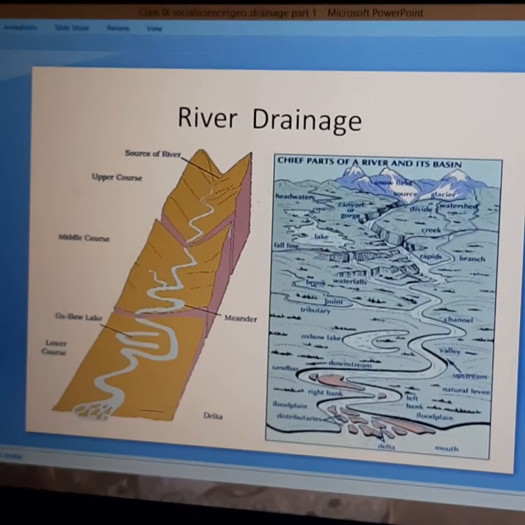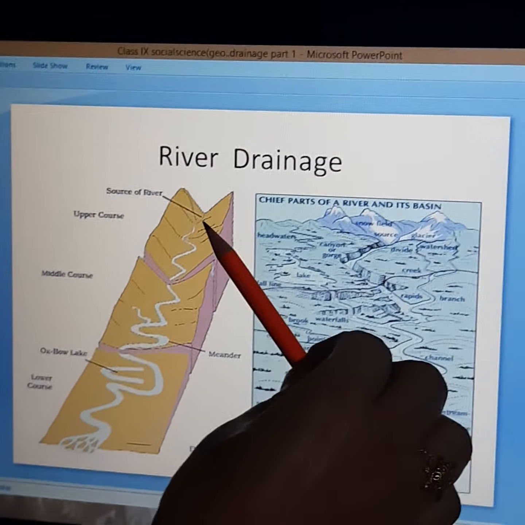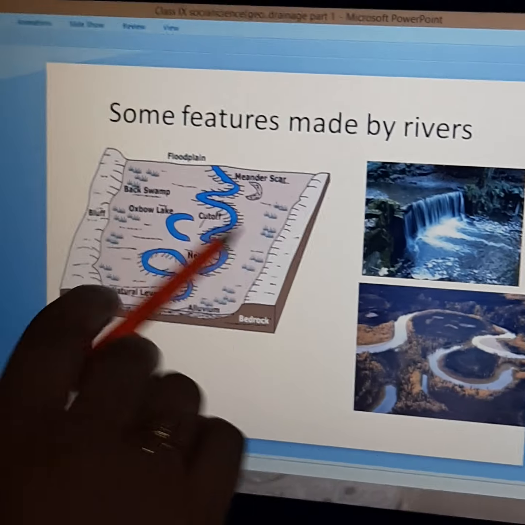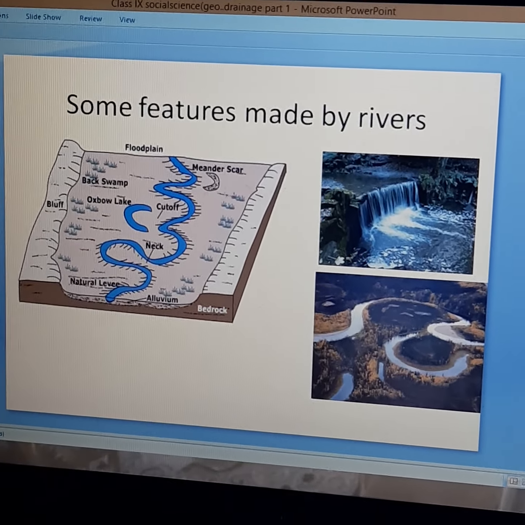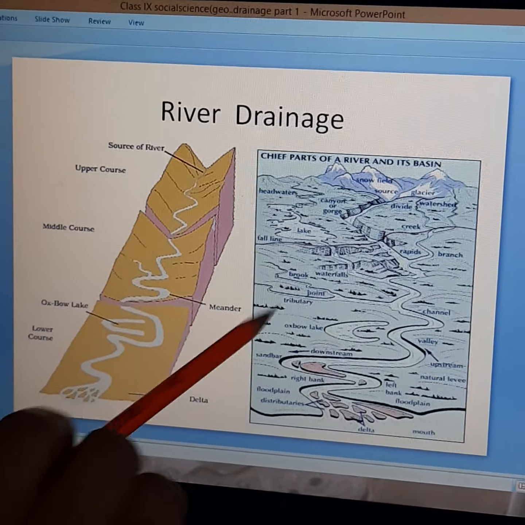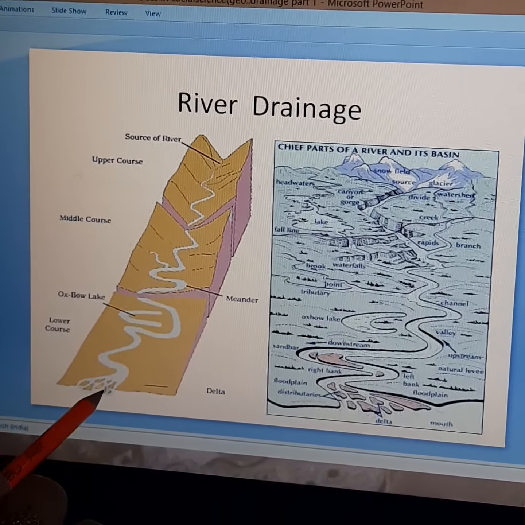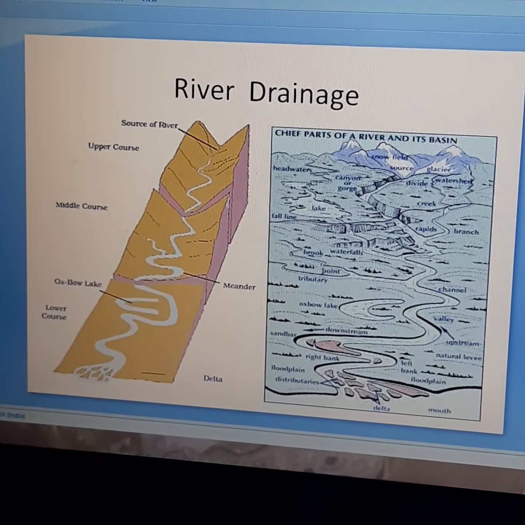You can see in this picture that Himalayan rivers form many features. You can observe these features made by the rivers. Here are the meanders and oxbow lakes. At the lower course, at the mouth, they form a delta.